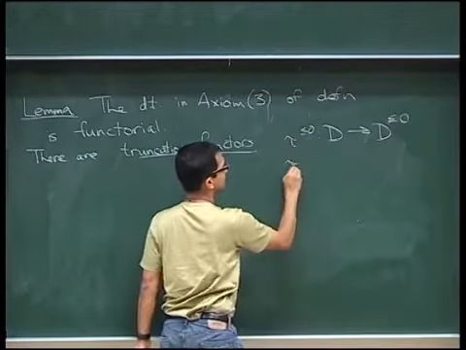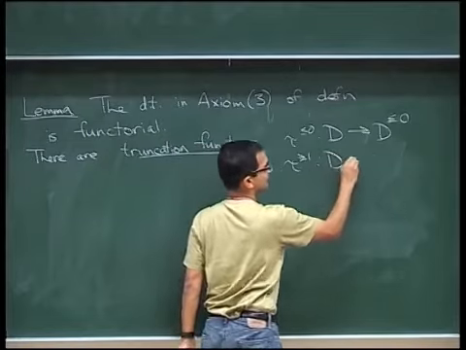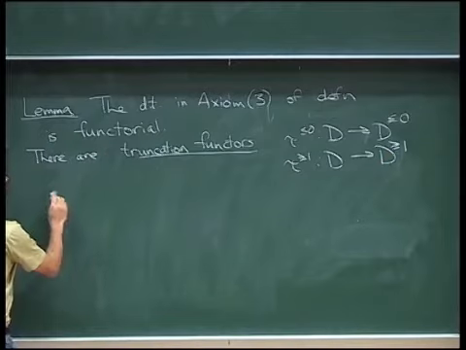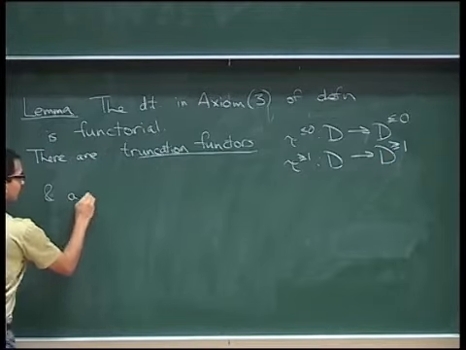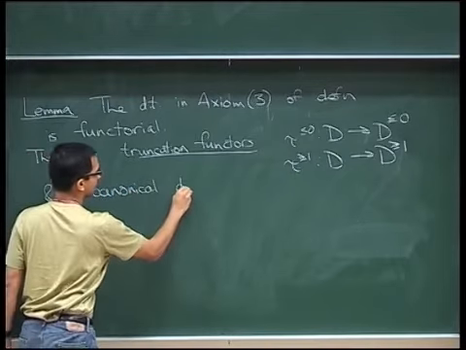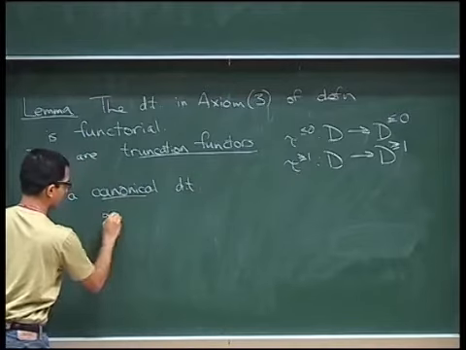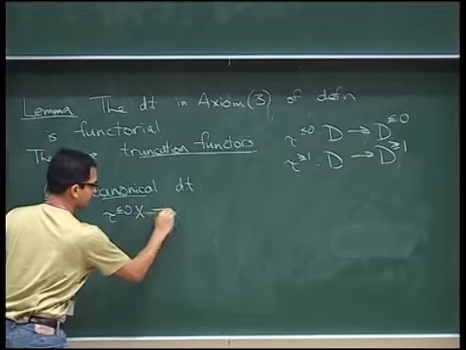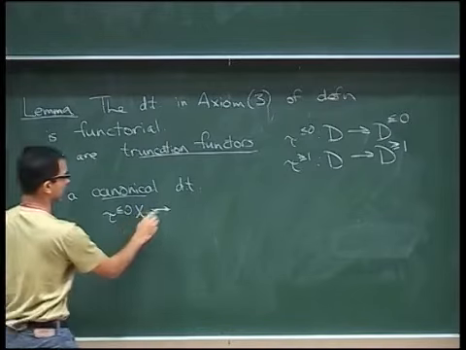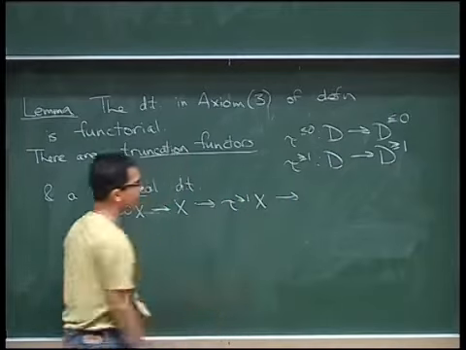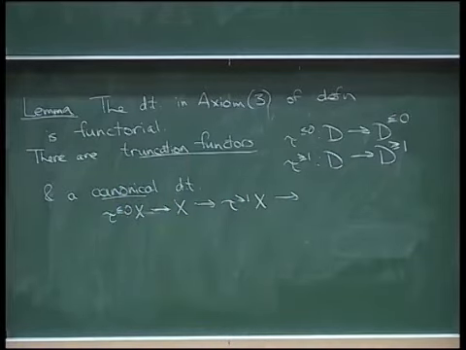I'm going to write down the two specific ones we need for that triangle, together with a canonical distinguished triangle, which takes the less than or equal to 0 truncation of X to X to the greater than or equal to 1 truncation of X. The axiom just says there exists a distinguished triangle.